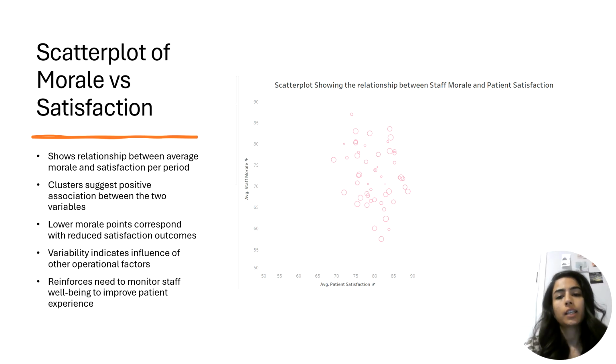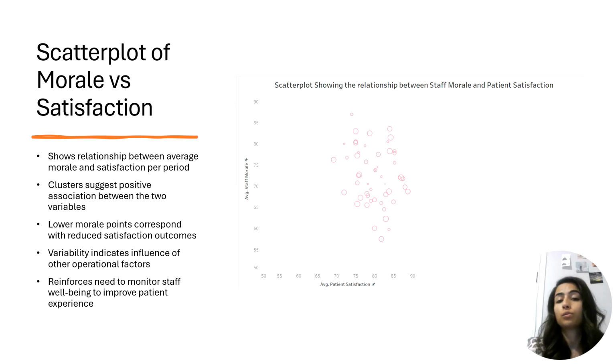Let's move to our next slide, the scatter plot slide. We show the relationship between staff morale and patient satisfaction. In the visualization, patient satisfaction is on the vertical axis. Each point represents a specific time period across the year.